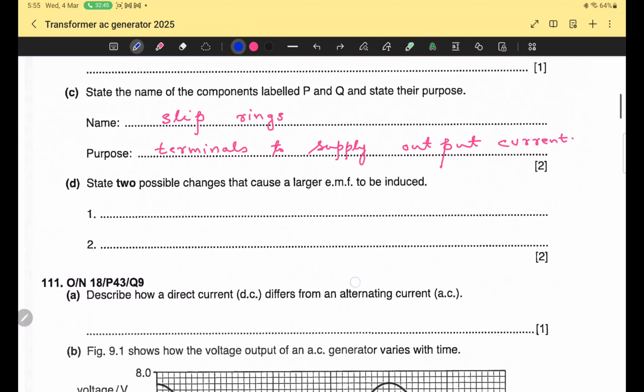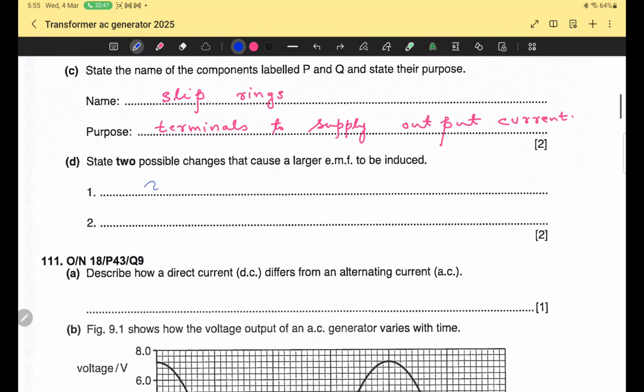So they are asking how to produce a larger EMF. Number one, use a strong magnet. Number two, rotate the coil at high speed.